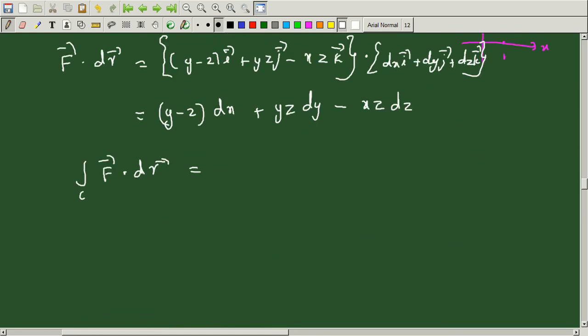So the integral over C of F dot dr equals the line integral along OA plus along AE plus along EB and finally along BO.